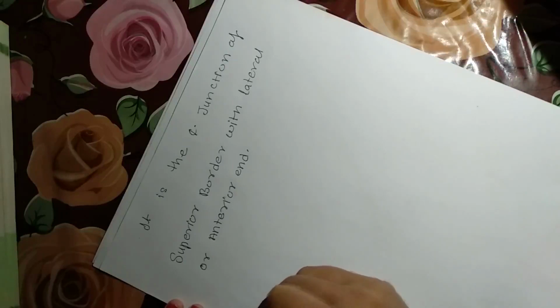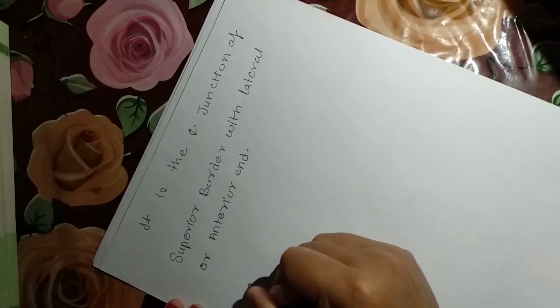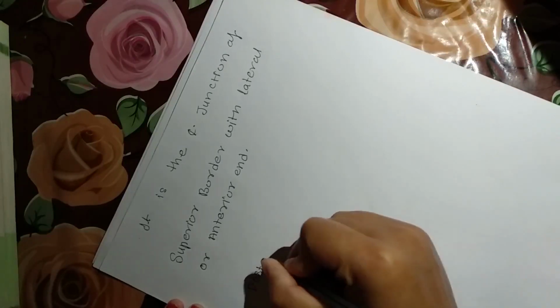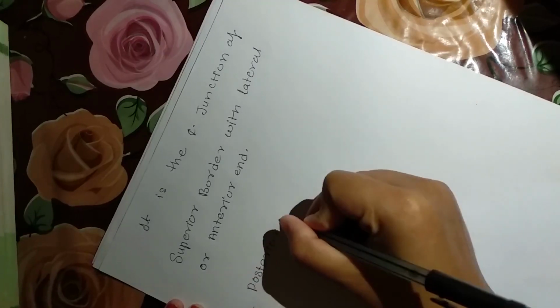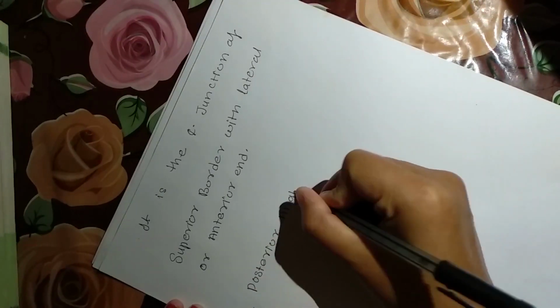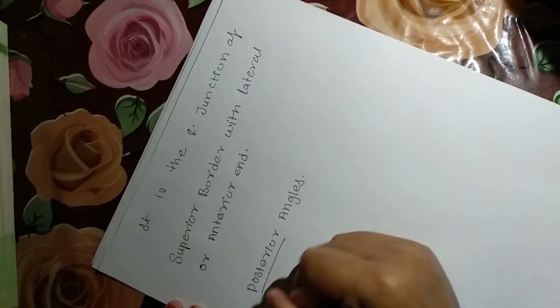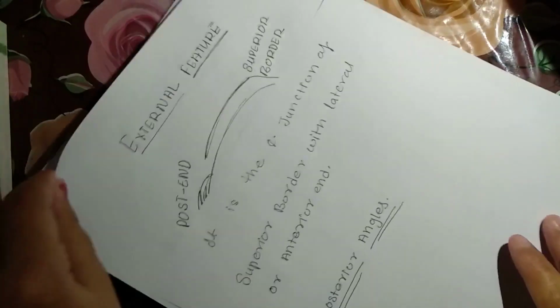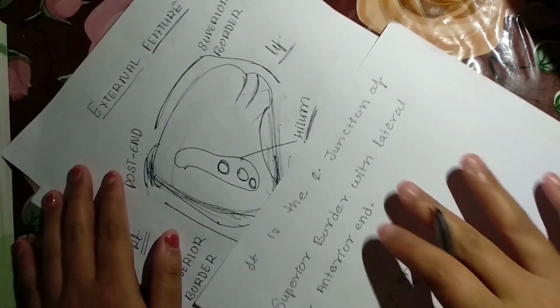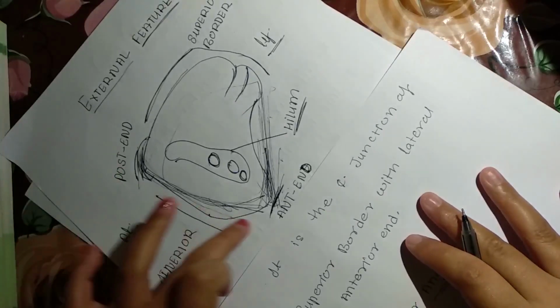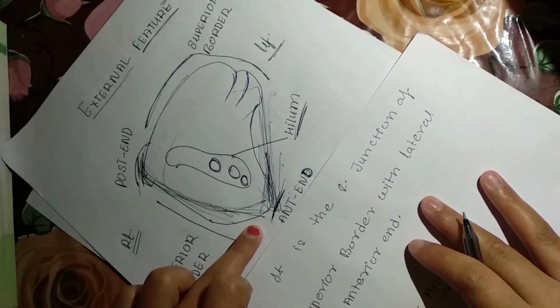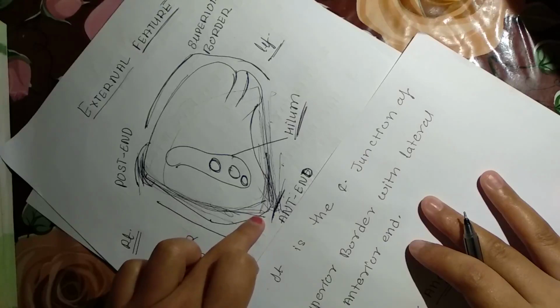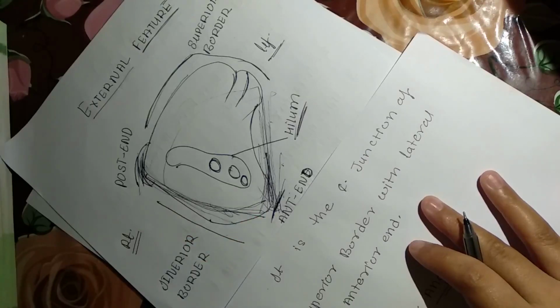Anterior end is done. Two is angle. Anterior angle is done. Posterior angle is a junction of the inferior border with the lateral or the anterior end of the spleen.